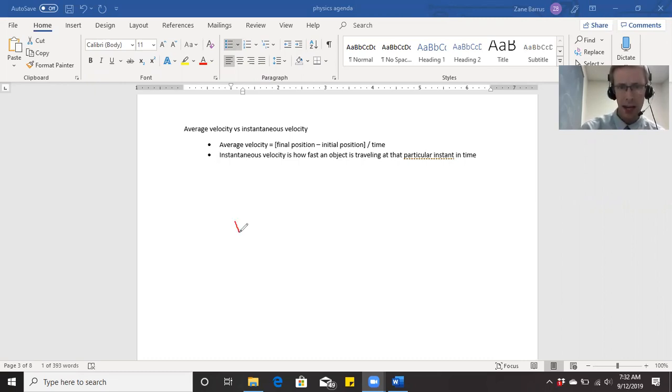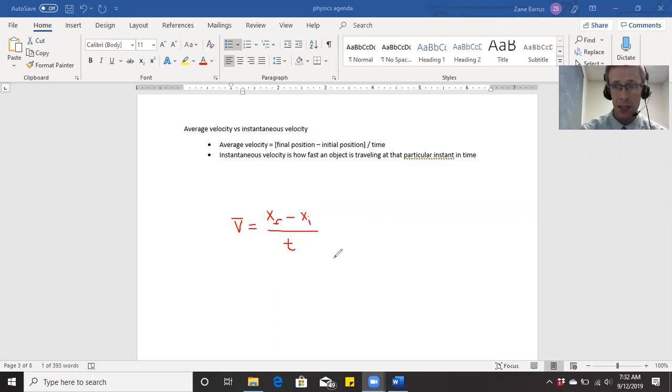Okay, so average velocity is represented by a variable v with a line over it. Okay, remember that, it's going to be important coming up. So average velocity is equal to my final position, which we call x sub f, minus my initial position, x sub i, divided by the time that has elapsed. Okay, so that's your equation for average velocity.